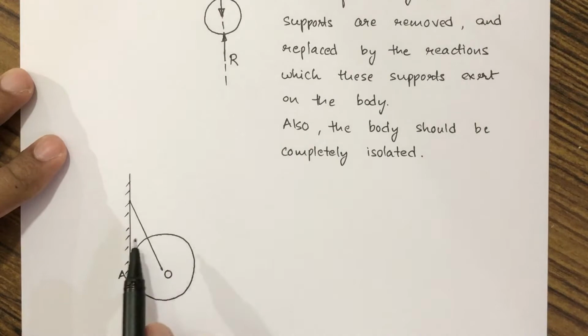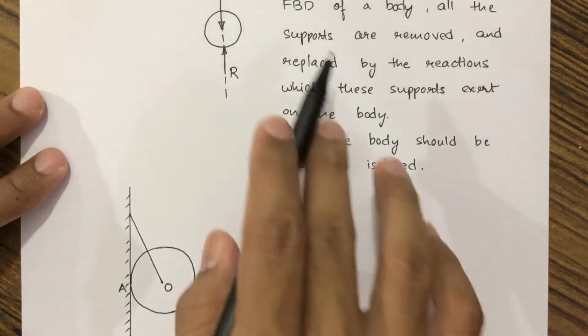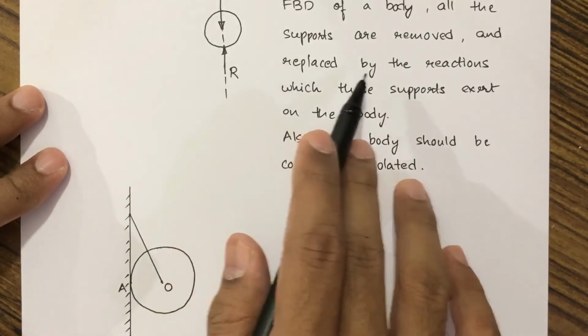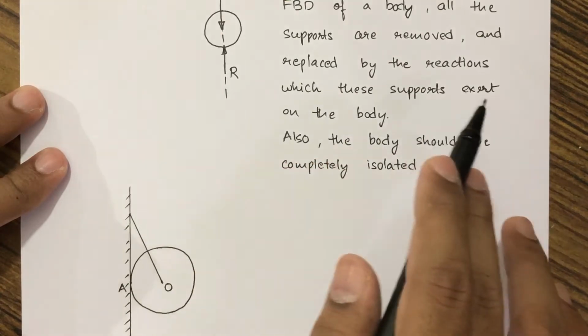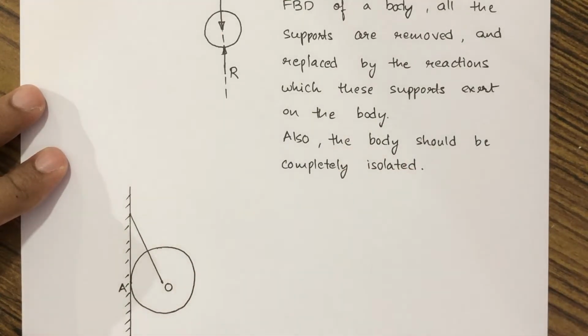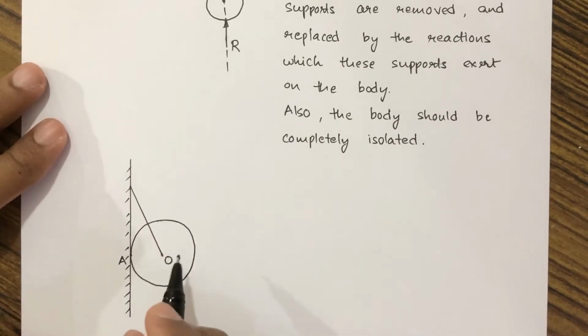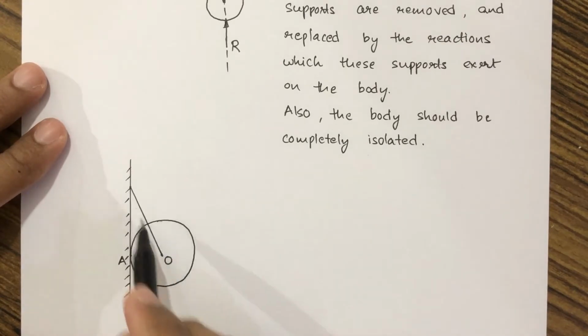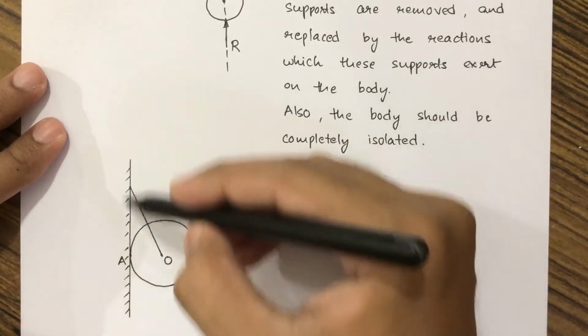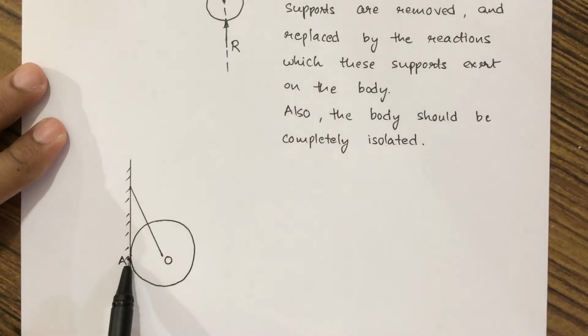So these two are the supports. These two supports have to be removed, and they have to be replaced by the reactions which these supports exert on the body. This ball is supported by this string, and it is resting against this vertical wall at this point A. It has a point of contact at A only.